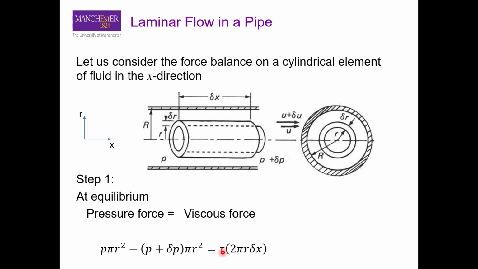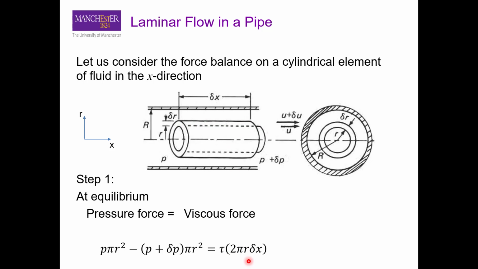The viscous force we know is the shear stress times area. And one important thing to notice here is that we are multiplying shear stress with the tangential area. Pi r squared is the cross-sectional area, but 2 pi r partial x is actually the surface area of the cylinder, that is the circumference, 2 pi r, times the length of the cylinder.